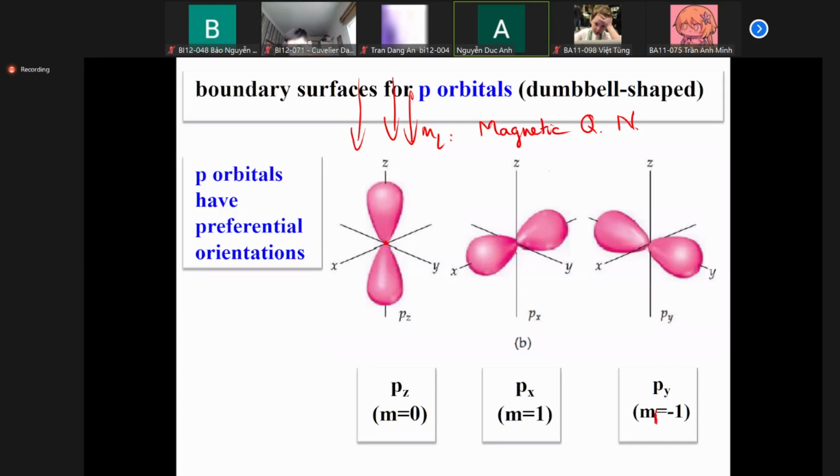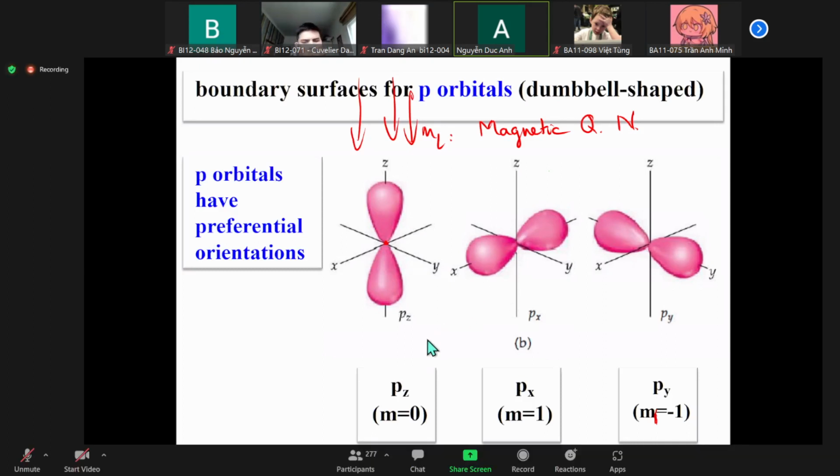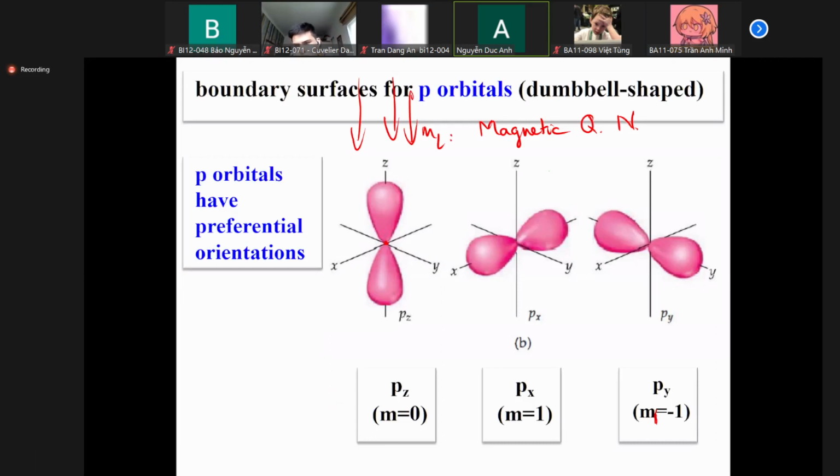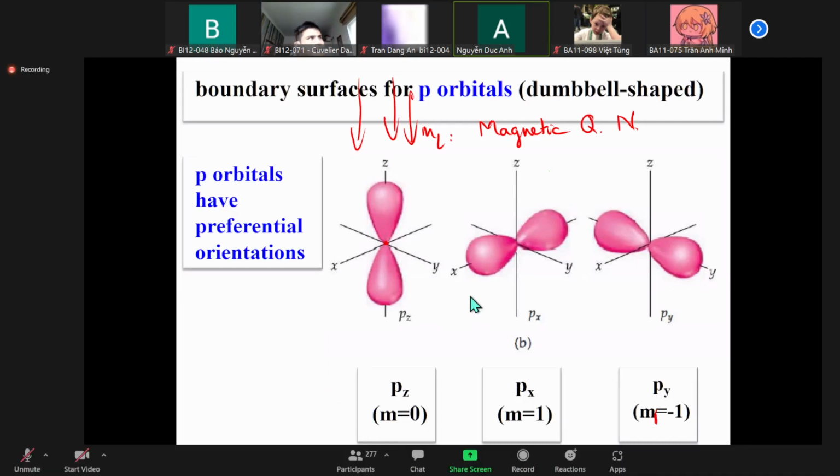It gives the energy of the orbitals, which is discrete like in the Bohr model, and it also designates the size of the orbitals. L is the azimuthal or angular momentum quantum number. This one is the shape of the orbitals.